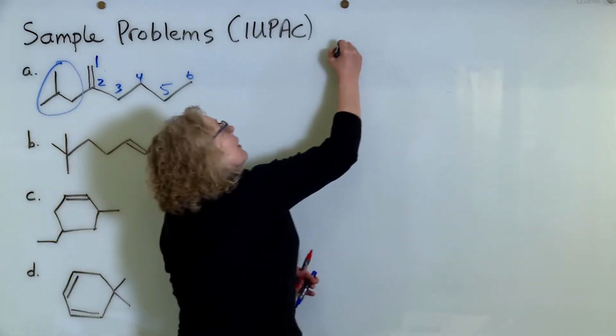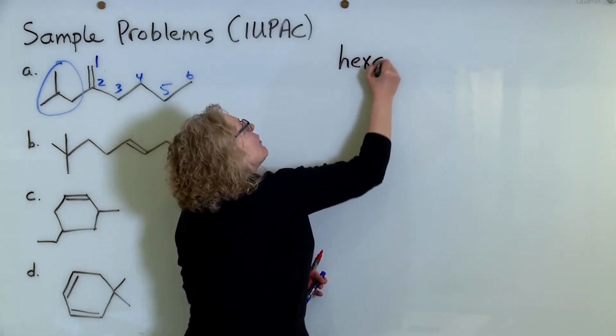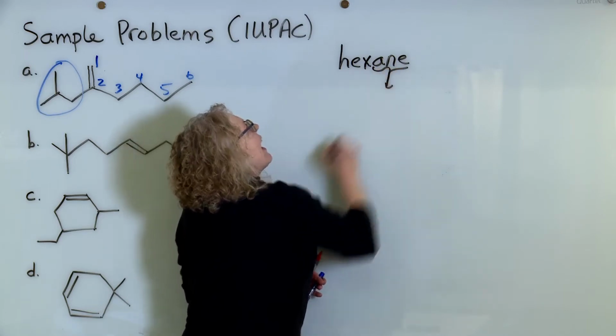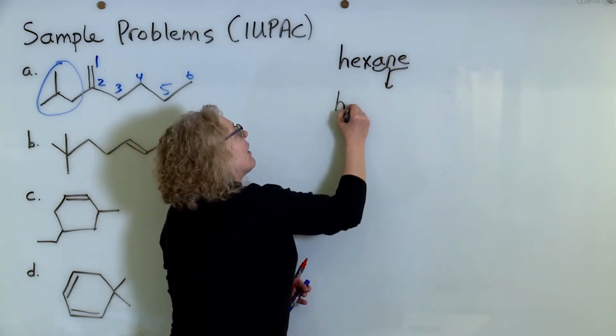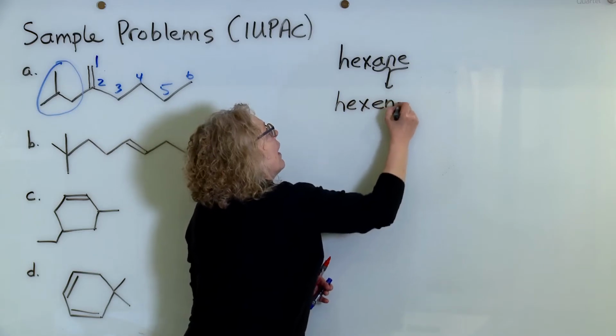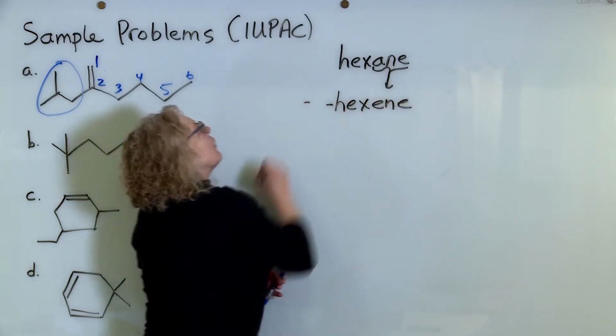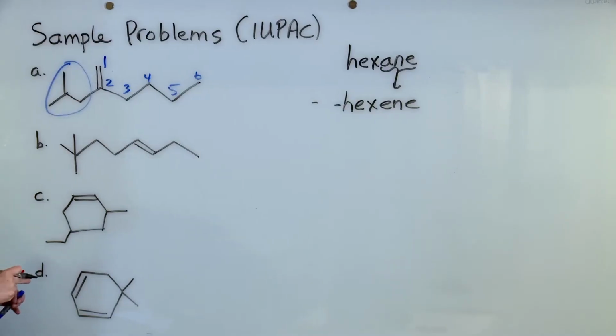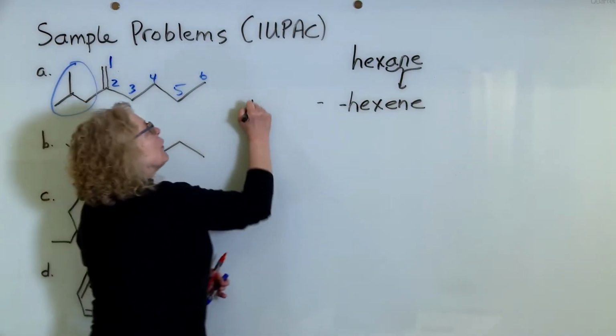And the corresponding alkane with 6 carbons is hexane, so we change the ANE ending to a hexene. And we will have to deal with numbering it, giving it a number, so leave a little space.